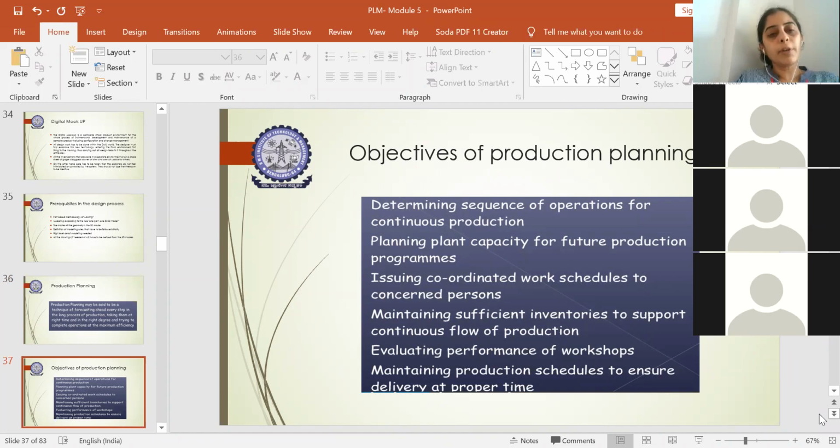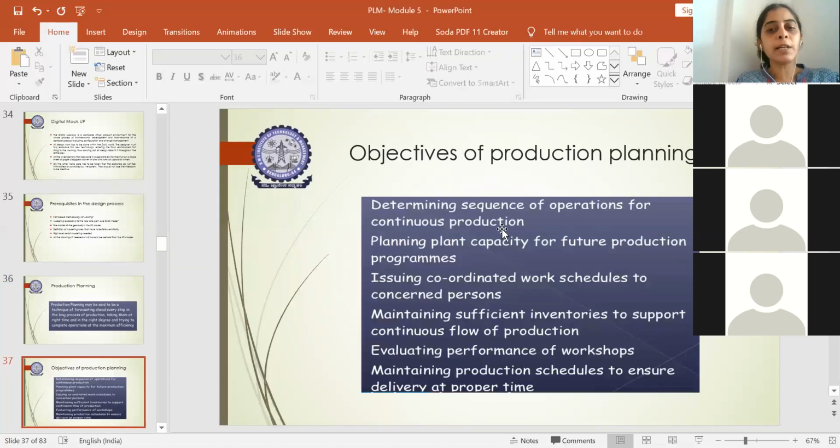So related to production planning, you should now be knowing what the main objectives of it are. The first objective is determining the sequence of operations for a continuous production. When you need to produce a particular product, n number of operations have to be performed. So he has to determine what all the operations are necessary for making a continuous production of a huge lot.